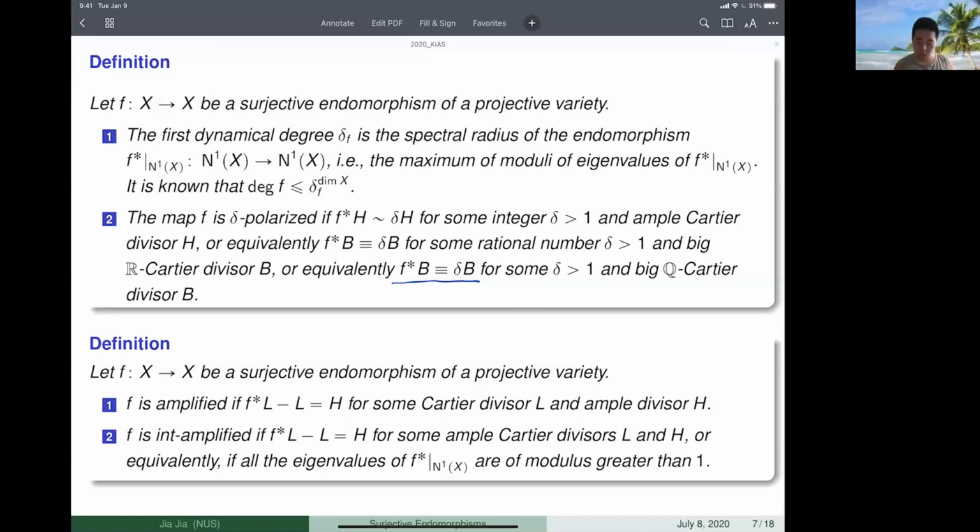There is another equivalent condition for F being int-amplified. This is proved by Dr. Sheng Meng. F is int-amplified if and only if all the eigenvalues of this linear transform F upper star on N^1(X) are of modulus greater than 1.